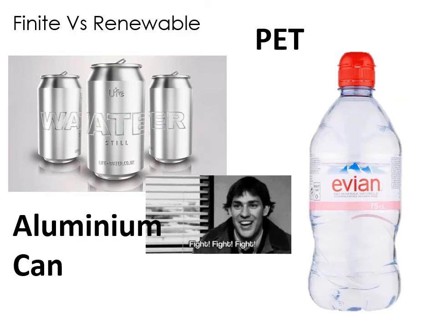It does actually come from a finite resource, so again this is a little bit of a trick because neither of these are renewable, but the difference here is aluminium can be recycled over and over and over and over. It's easily recycled, rather than PET, which can be recycled a few times but often ends up in landfill. So aluminium is a much more environmentally friendly option for this kind of product.